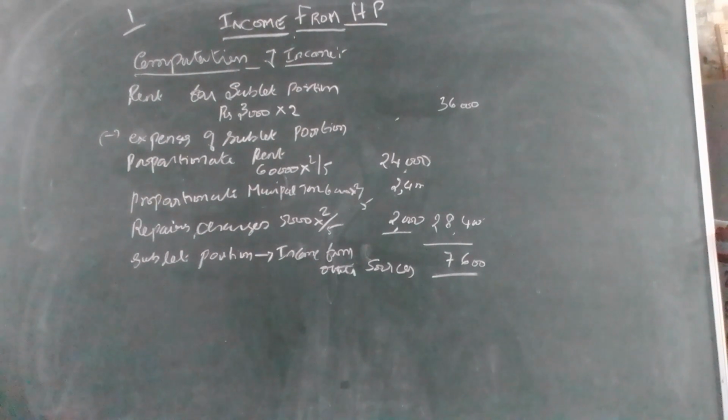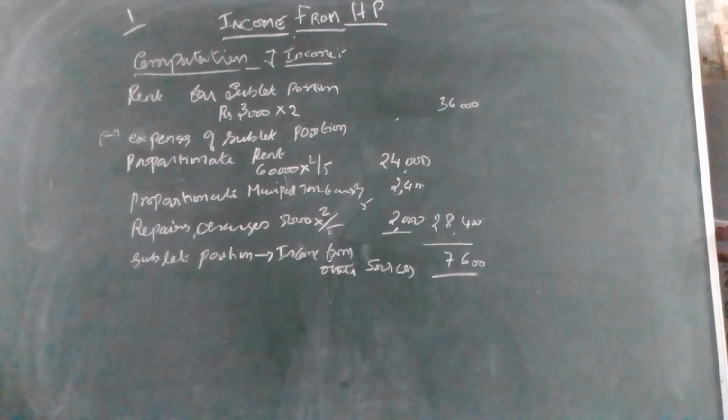In addition to this, you should know two things. Number one, when taking income from house property, you are not permitted to deduct repair charges. Whereas since this is subletting and we are calculating other sources income only, you have deducted the repair charges. Normally it is not possible in case of let-out property.